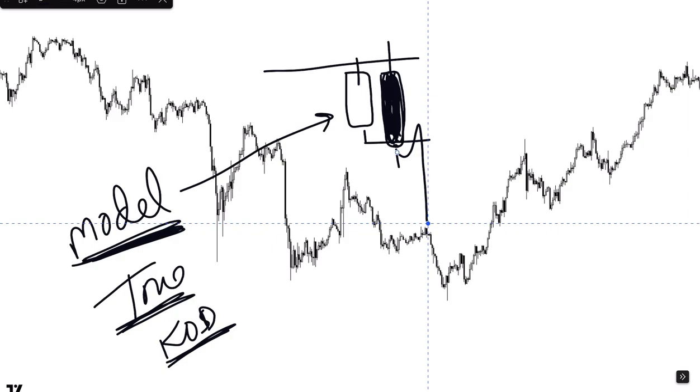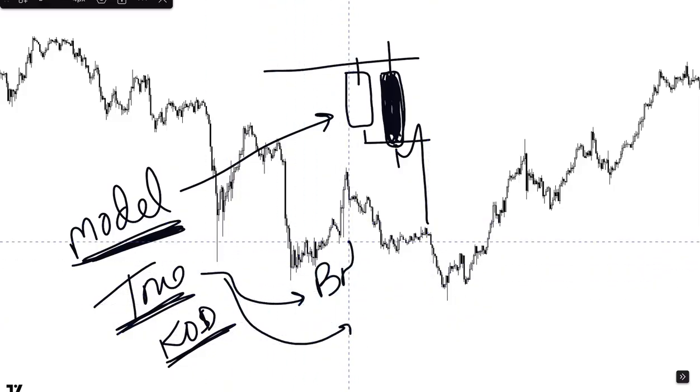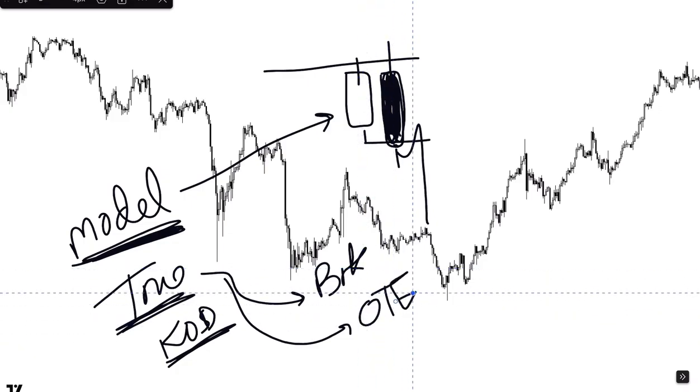A true market structure shift can either result in a breaker, or it can result in an OTE. The intensity of the OTE, the way the OTE happens, how hard it goes down, does it go down into the 50% or the 60% or the 70% or the 0.886?